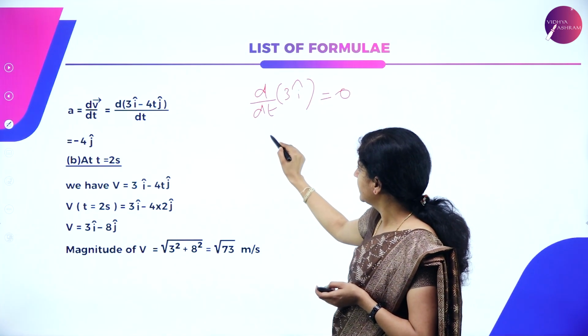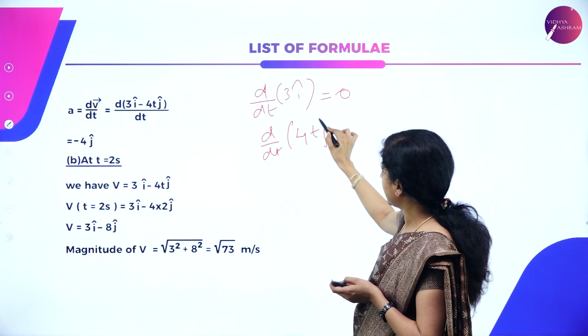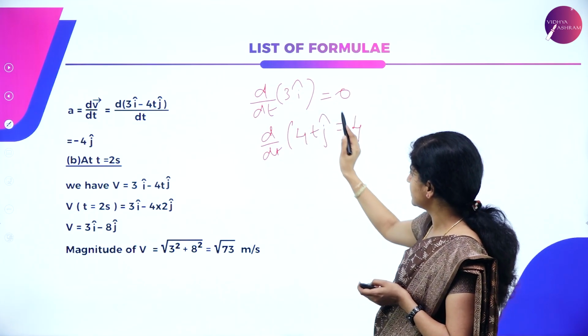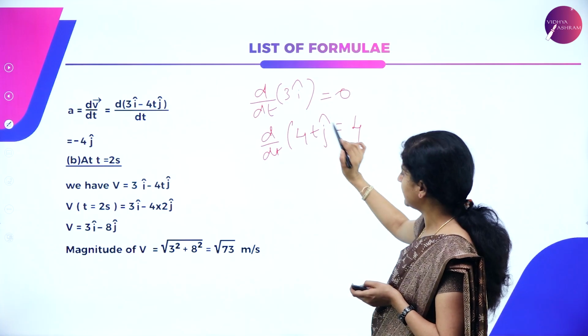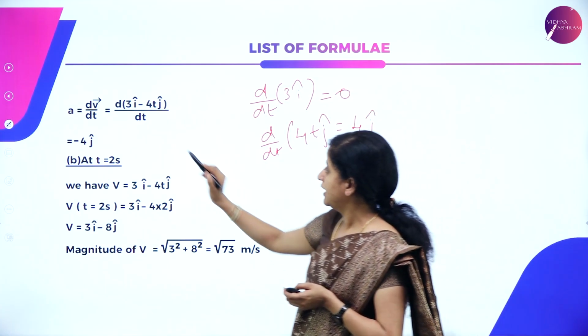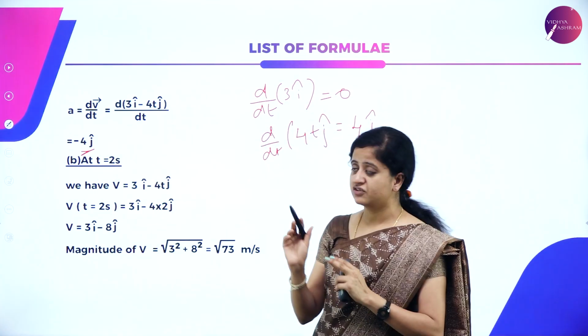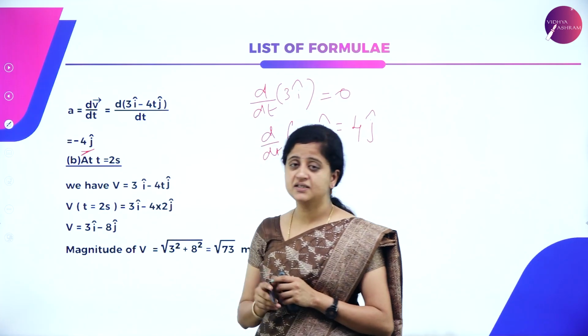Next, d by dt of 4t j cap: 4 is a constant, we take it outside, and d by dt of t becomes 1, so we get 4 j cap, and with the minus sign we get minus 4 j cap. So the acceleration is minus 4 j cap.